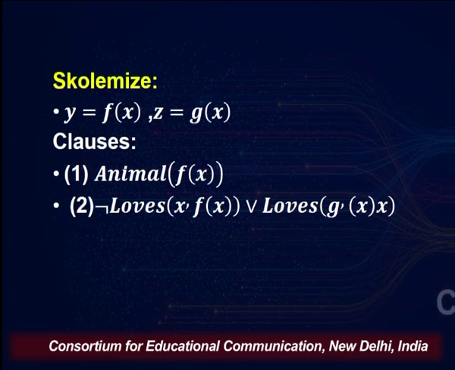So, in place of animal(y) it will be animal(f(x)), and in place of negation of loves(x, y) or loves(z, x), it will become negation of loves(x, f(x)) or loves(g(x), x), because f(x) will be replaced in place of y and g(x) in place of z. So, this is going to be the final form of the clauses after Skolemization.